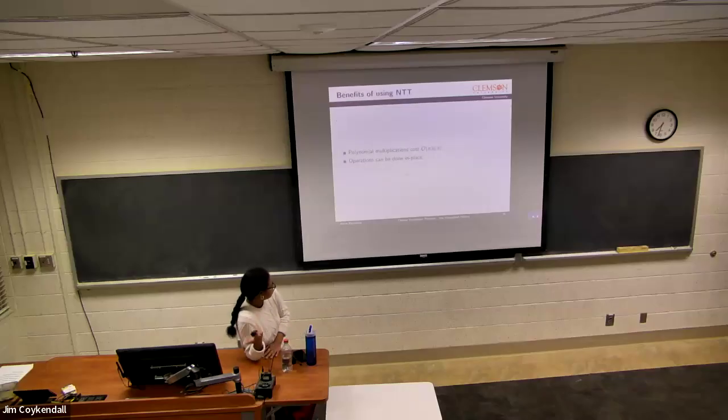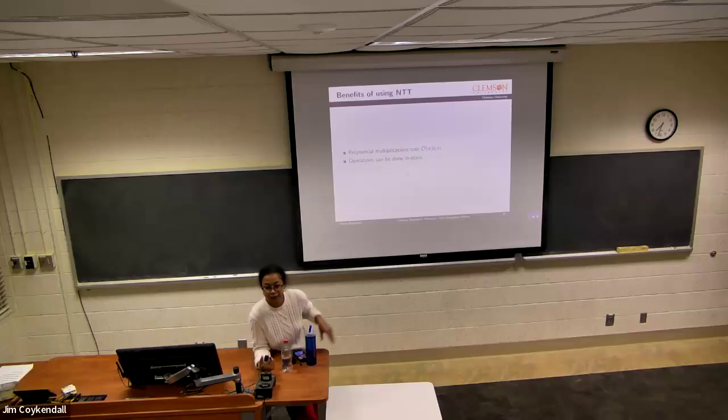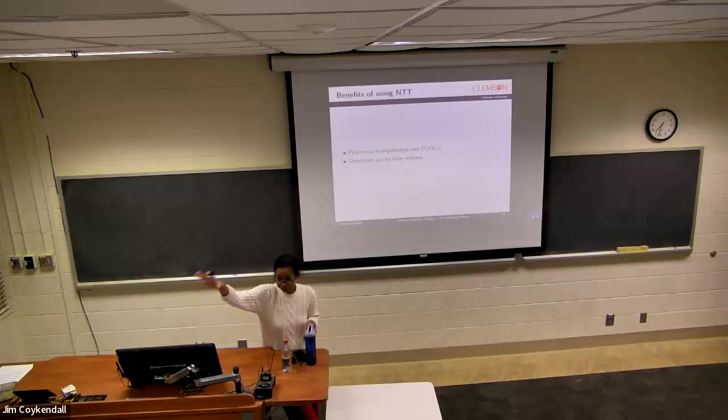So the benefit, as I said before, is the polynomial multiplication cost, but also, and I don't have the time and space to explain it today, you can read in the FIPS documentation about why, when you are using this NTT, operations can be done in place. So instead of using multiple memory to do your multiplication, you can reuse your space, and that's very cool.